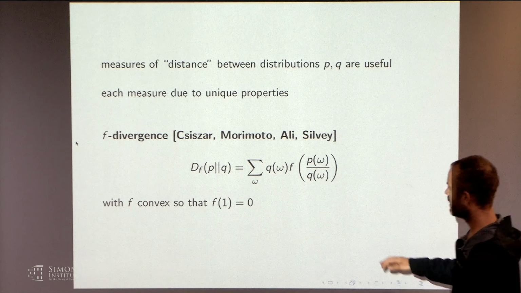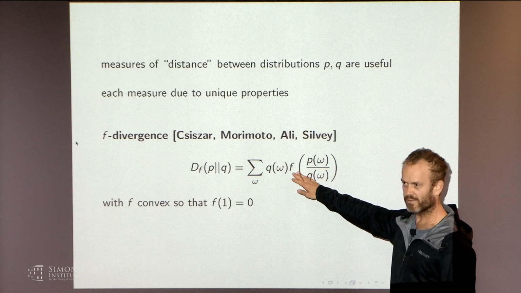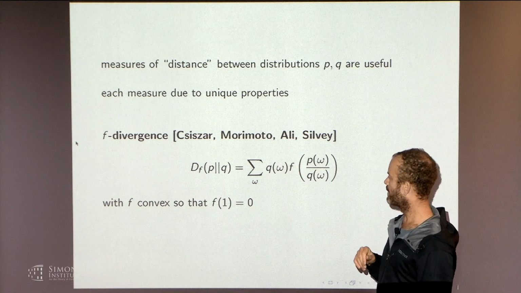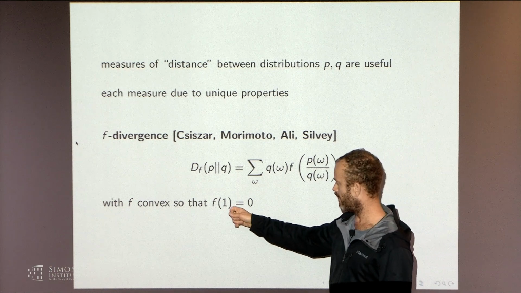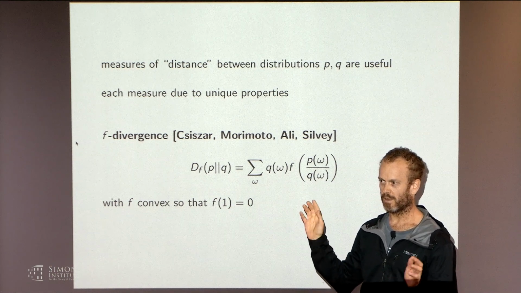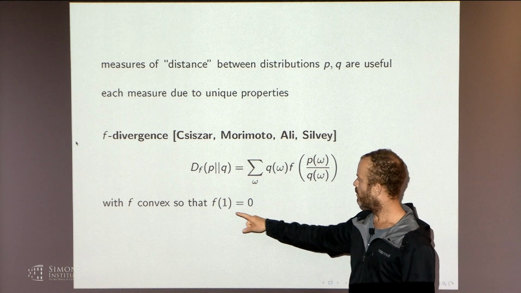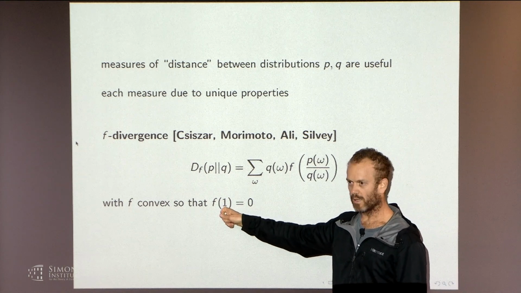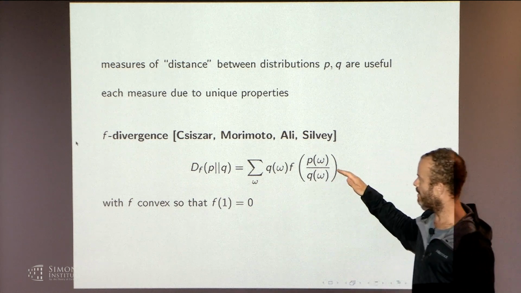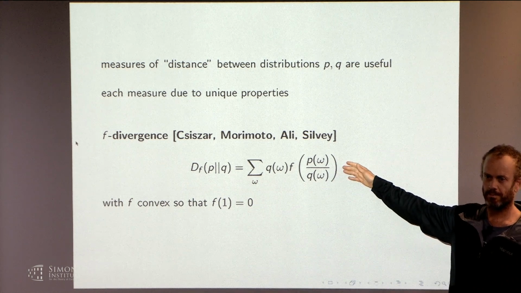We choose any convex function f we want, and we insist that at the point 1, the one variable convex, nothing abstract, it evaluates to 0. Then we get this quantity.